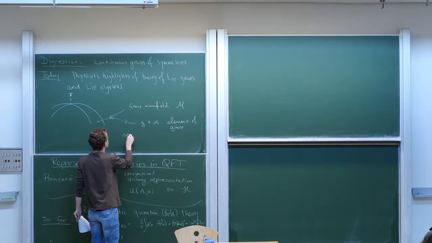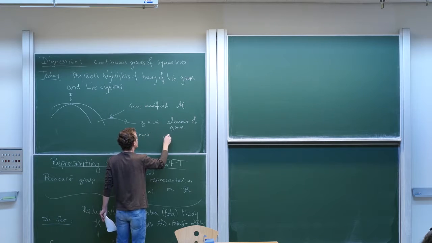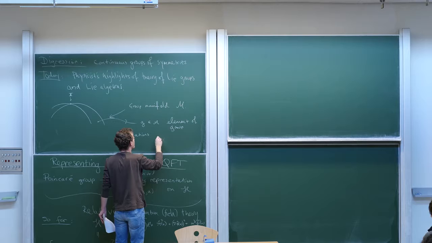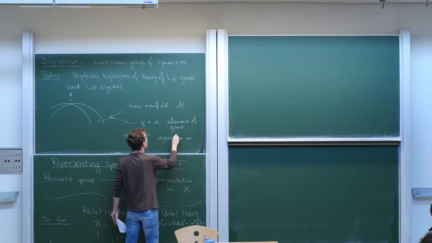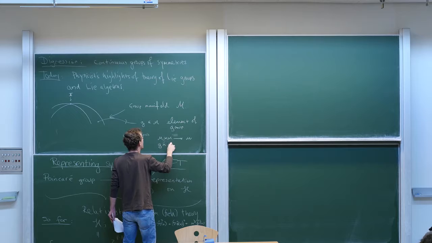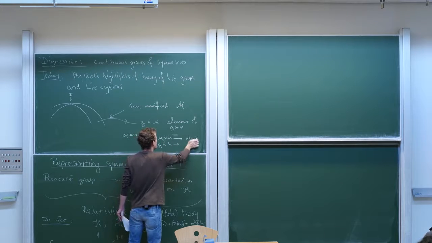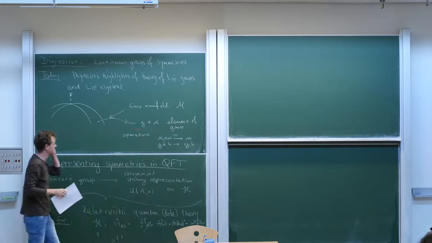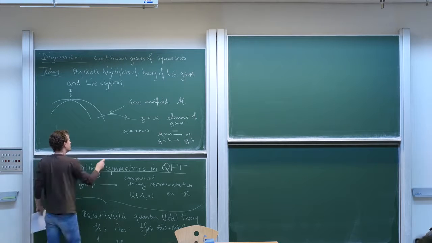And the operation of M cross M going to M via multiplication is continuous, and so is the operation of taking an inverse.